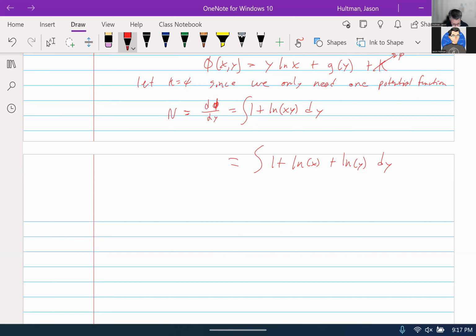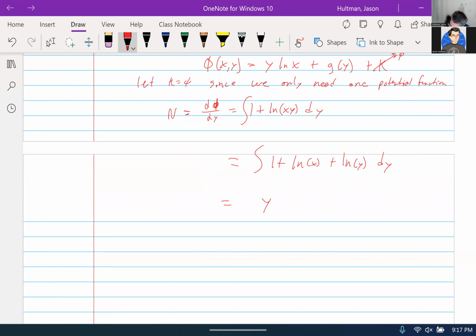Okay. So that's going to be equal to the integral of 1, which just becomes y.